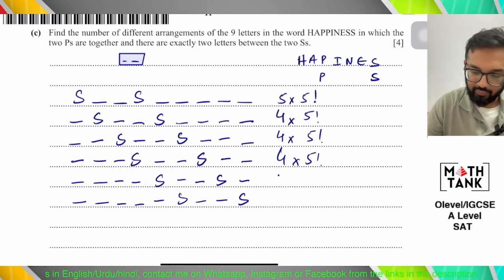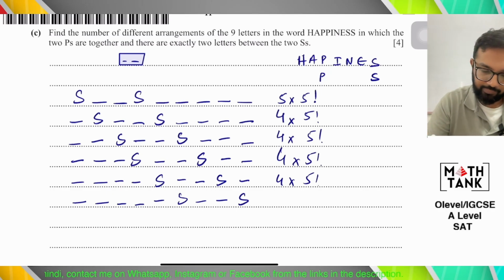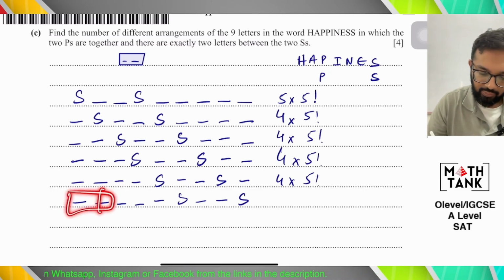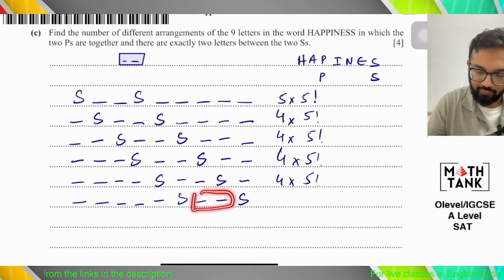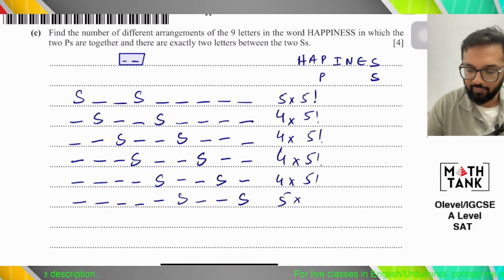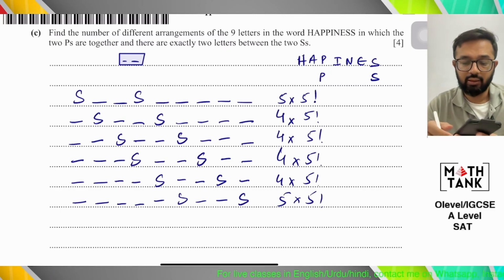That's it. So 4 into 5 factorial. And 1, 2, 3, 4, 5. 5 into 5 factorial.